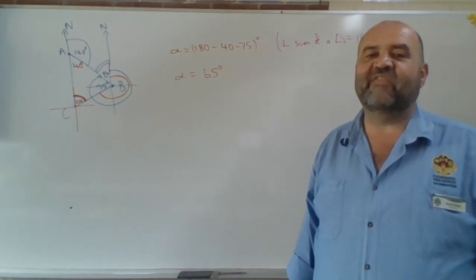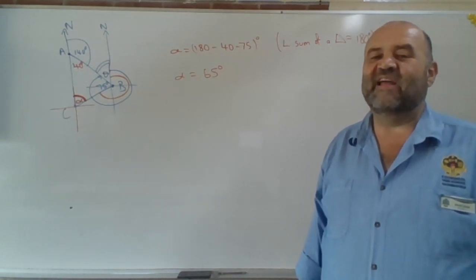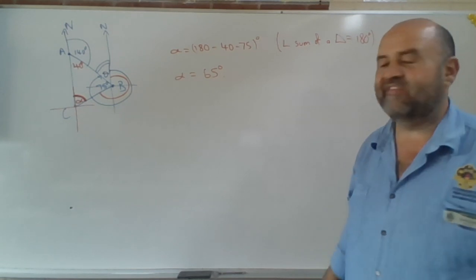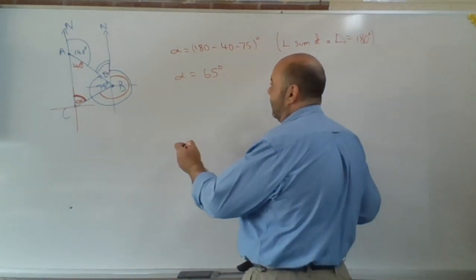Then part D says if the initial bearing was instead 133 degrees, so let me redraw the diagram now.